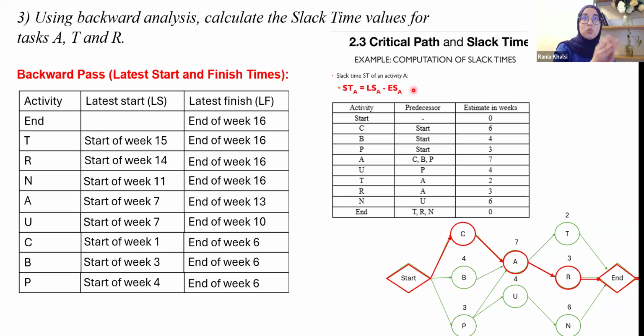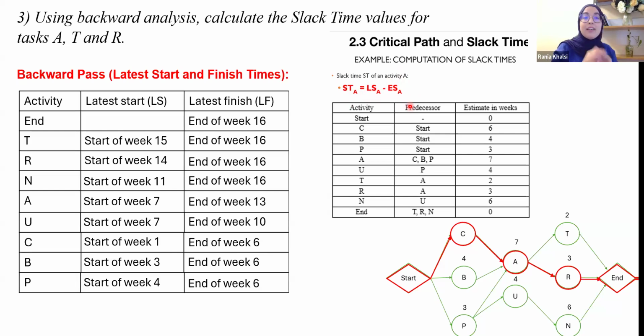In our lectures, the slack time of activity A is equal to the latest start of activity A minus the earliest start of activity A. This is the lesson I want you to learn. You are going to use this rule, not another rule.